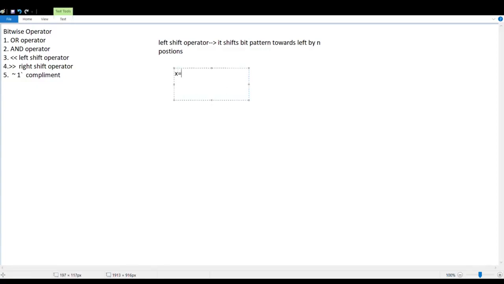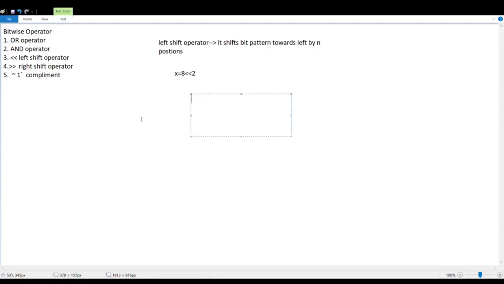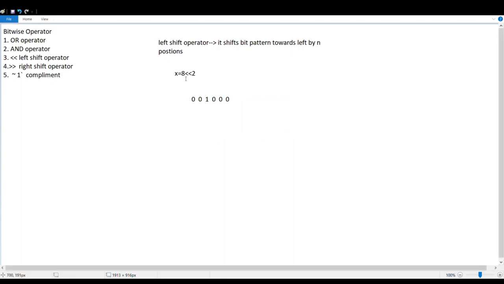Let's take one example. X is equal to 8 left shift 2. Now, how do we represent 8 in the binary number system? We represent it as 1 0 0 0, and we have to shift it towards the left by 2 positions. First of all, add two 0s towards the left. Now we have to shift it towards the left by 2 positions.